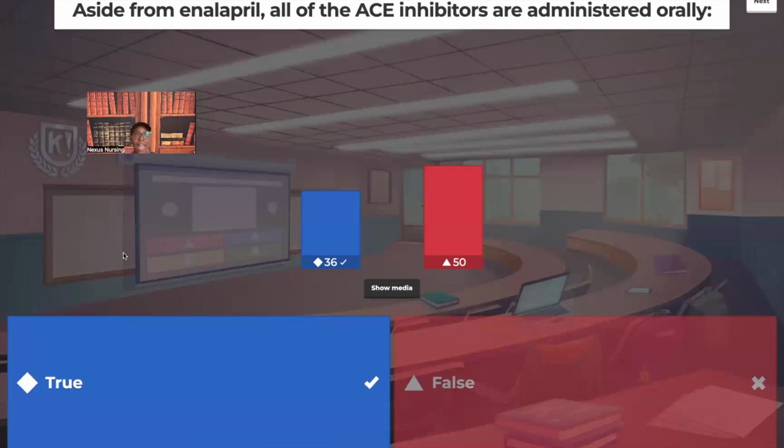What does that mean? That means that it works, it does what it's supposed to do, but it hasn't been approved by the FDA. What does that mean for you, the nurse? That means that if you were to give that captopril sublingually, because in real life it happens, the doctor will order it because it does the job, but it hasn't been approved to do the job by the FDA.